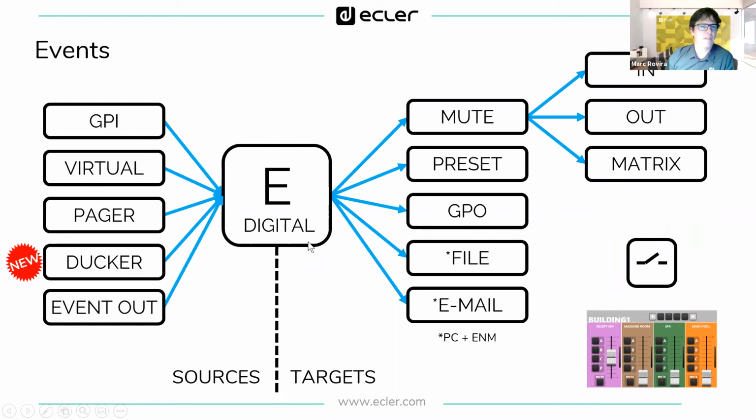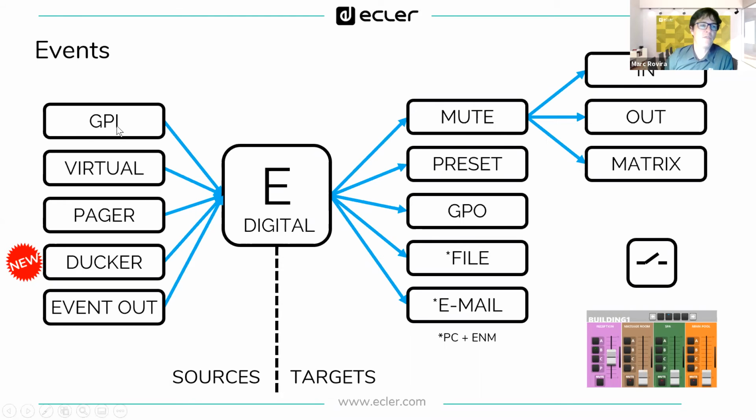With a digital event, there's not the whole range of values, just two values, 0 or 100. That's a digital one. It's a digital concept: 0, 1, active, not active, whatever you want to call it. So which types of sources do we have?